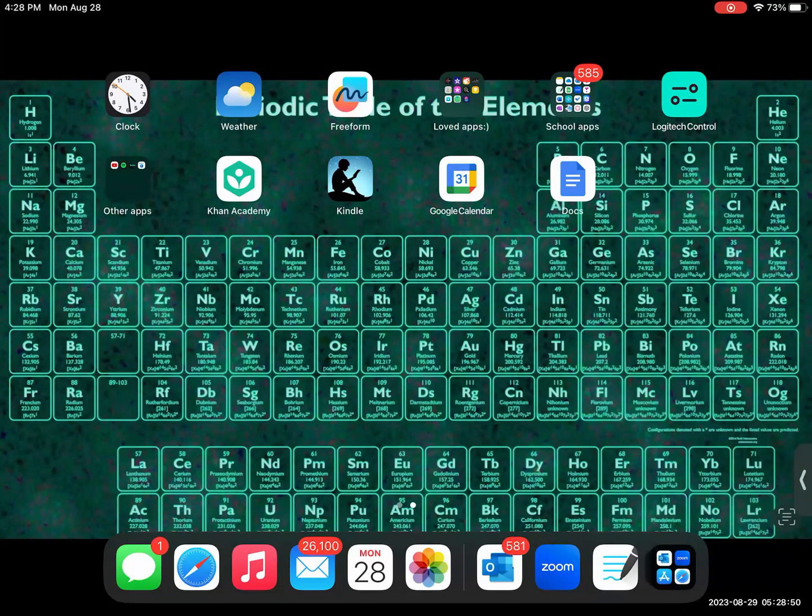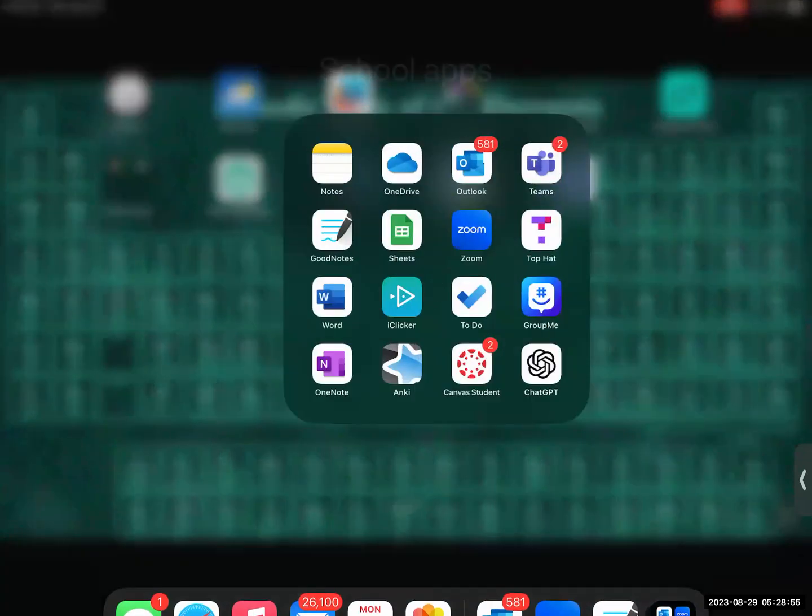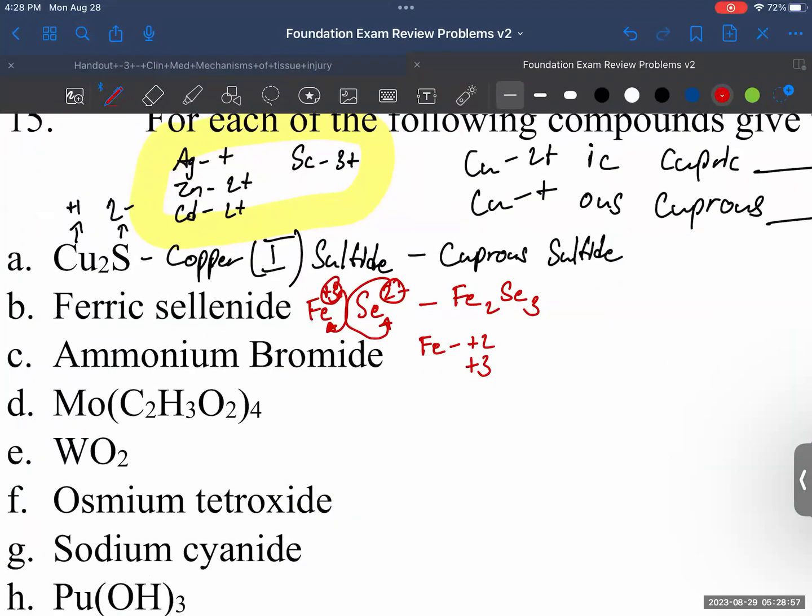For copper, you'd still use cuprous and cupric, even though it doesn't have a Latin symbol. Some other popular ones you might see on an exam are tin, Sn, whose name would be stannic or stannous, and lead, which is plumbic or plumbous. Those are the Latin terms for these.